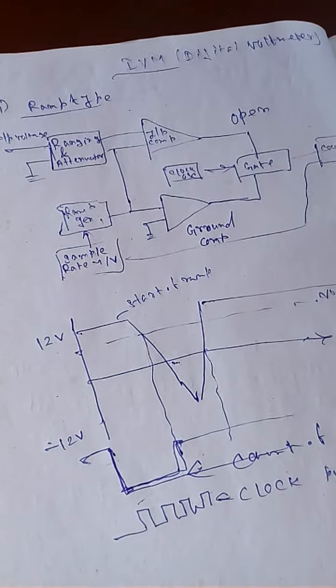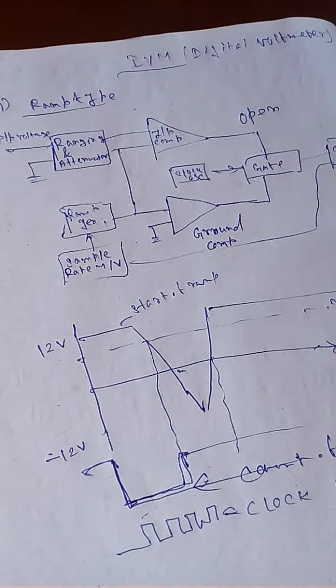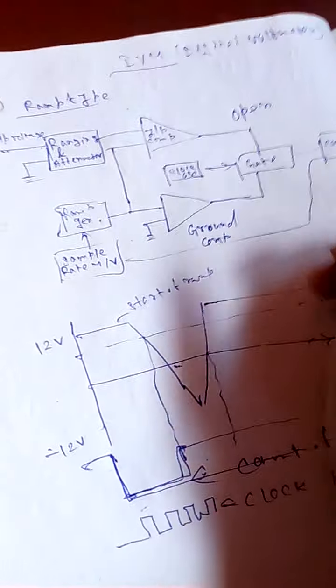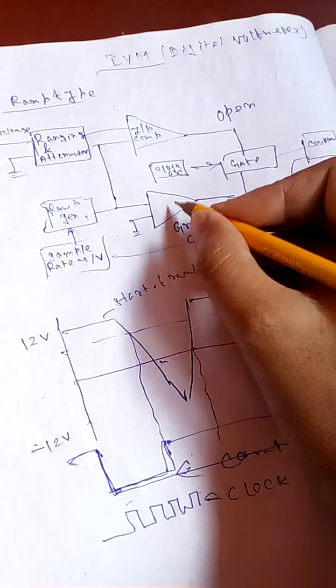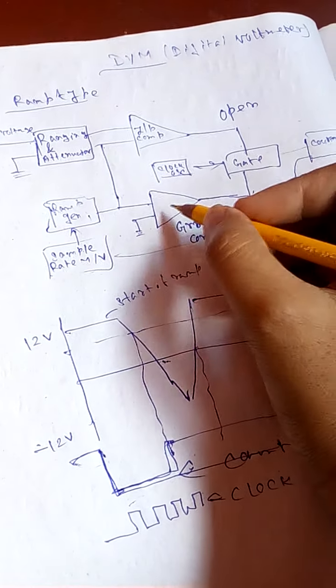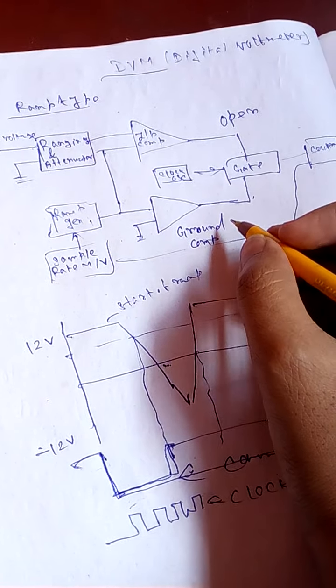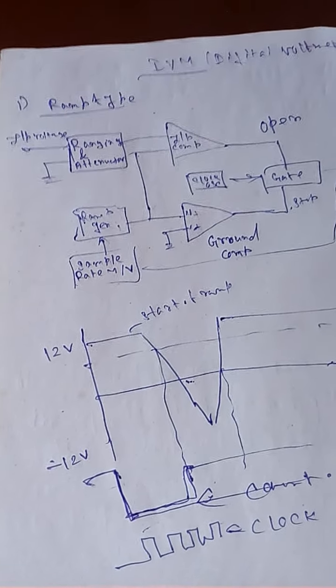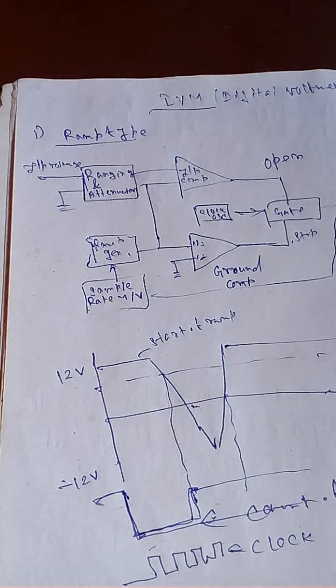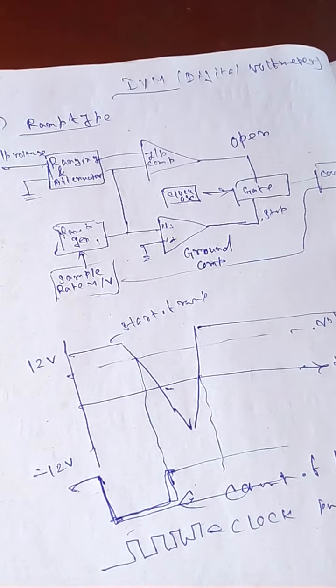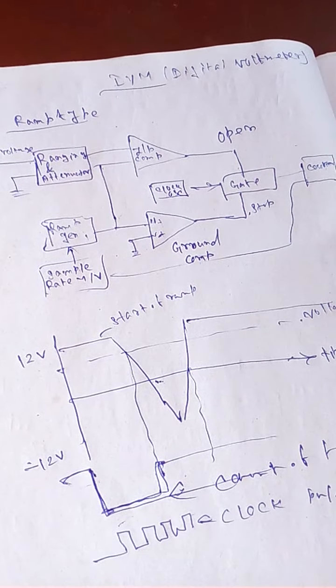The counter between the start and stop pulses is open, and the oscillator circuit drives the counter.